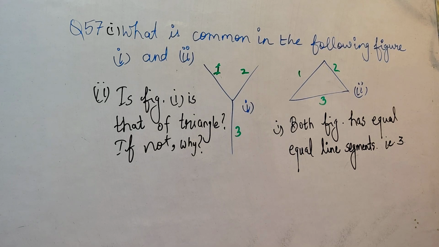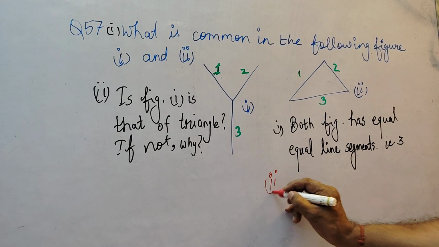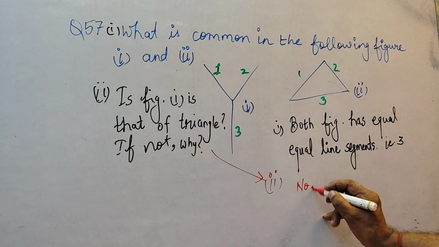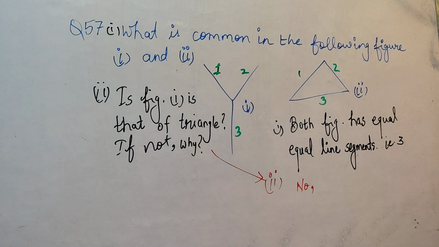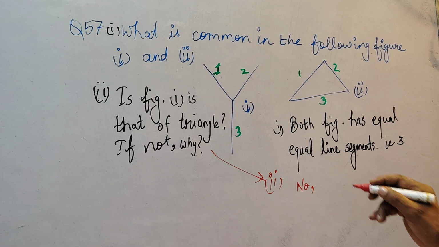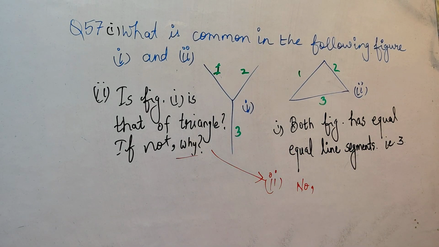And the second one: is figure 1 that of a triangle? So its answer is no, it is not a triangle. This is the Y shape, and Y shape does not come in the triangle. So no, and give the reason why it is not a triangle.